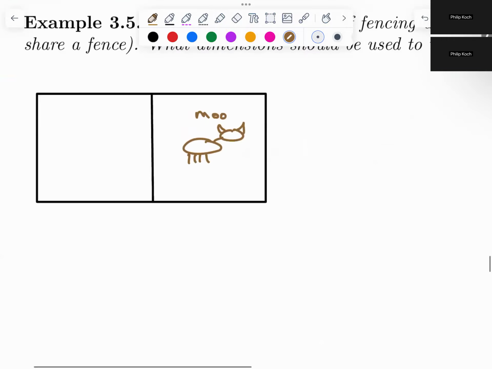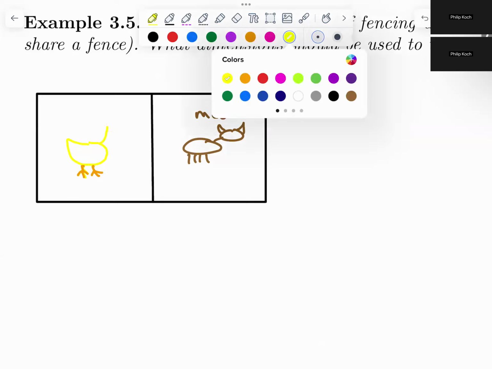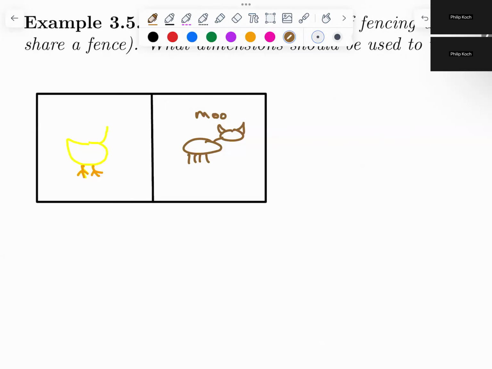And maybe a chicken on the other side. No, yellow. They have orange feet, don't they? Bill, is this absolutely necessary? Didn't you say that we were running out of time? Yes. And then orange beak. Looks like a duck, but whatever. Maybe it's a pecking duck, you know. Maybe they're farming for that sweet, sweet duck meat.